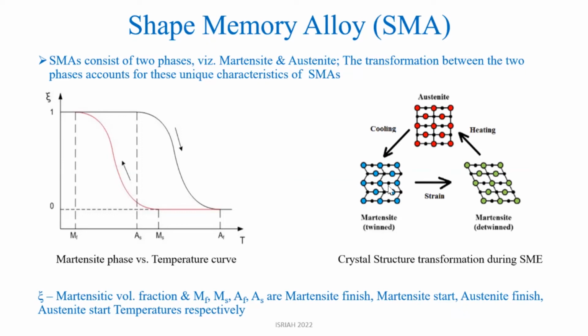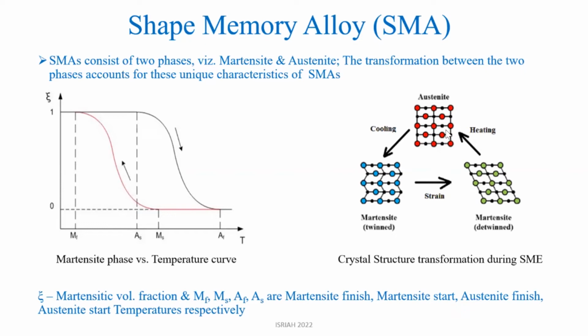You can see the austenite is a high temperature phase, whereas the martensite is a low temperature phase. When SMA is prepared, it remains in the high temperature austenite phase, in a body centered cubic structure that is shown by the red atoms here.